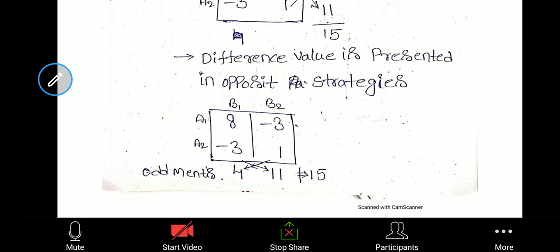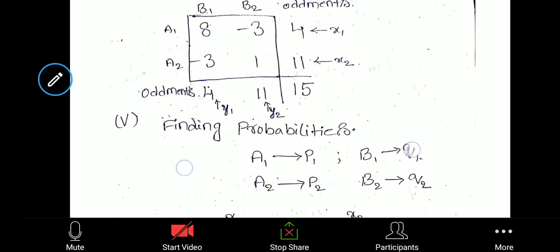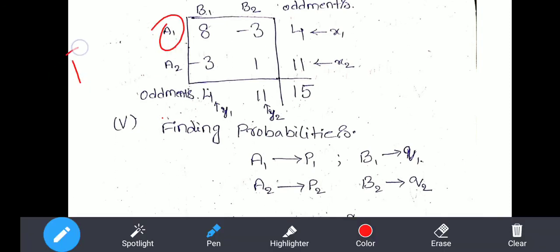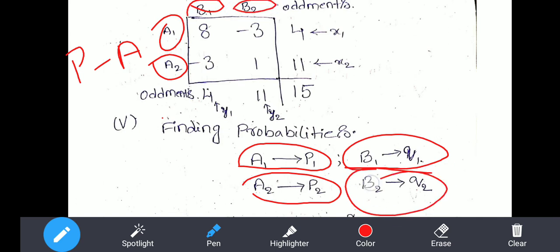After finding the oddments, next we need to calculate the probabilities. Player A will be having two strategies, A1 as well as A2. A1 probability will be P1, A2 probability will be P2, and B1 probability will be Q1, B2 probability will be Q2.